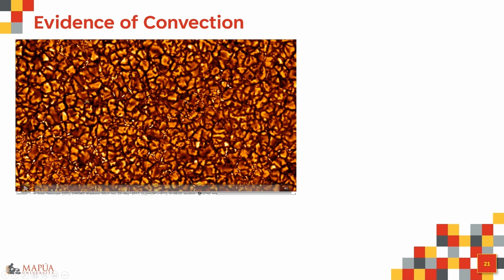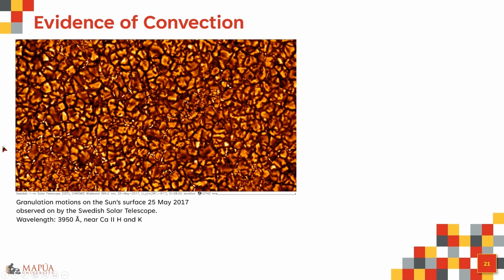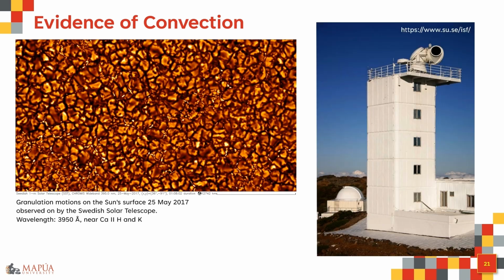If we have a very powerful telescope, like this Swedish 1-meter solar telescope mounted in Sweden, we can actually see granular motions on the surface of the Sun. This was observed last May 25, 2017, by the Swedish solar telescope.